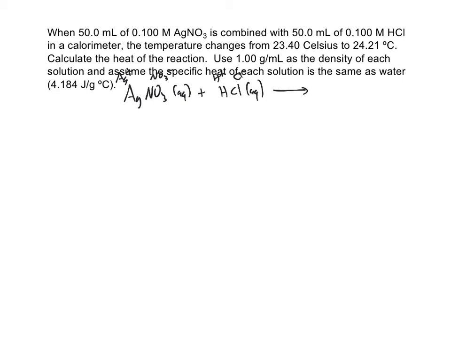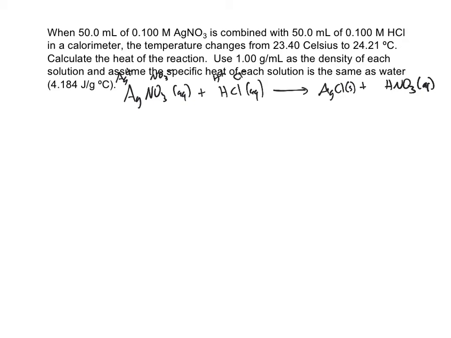And so our products are going to be AgCl and HNO3. And so if we go to our solubility rules, nitrates are soluble, so HNO3 is going to be aqueous. And most chlorides are soluble, but one of the exceptions is when it's paired with silver. And so this is actually a precipitation reaction. So the AgCl is going to be solid.